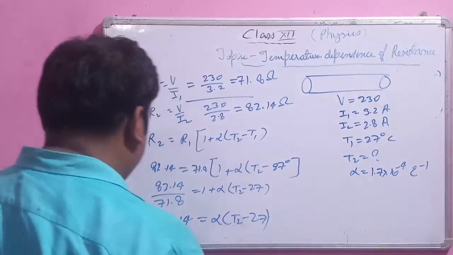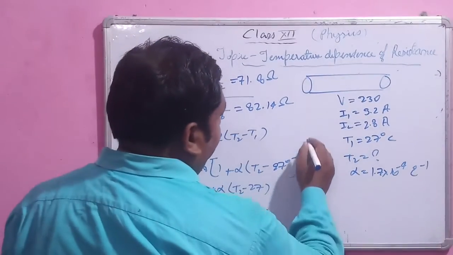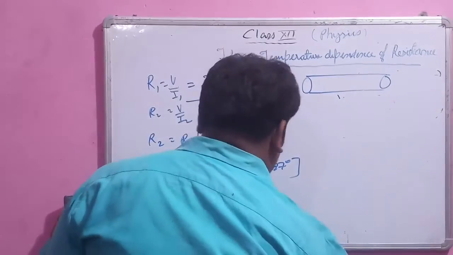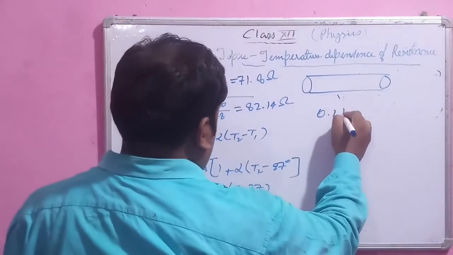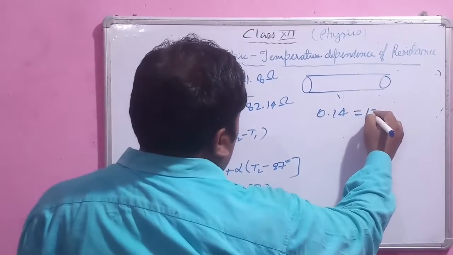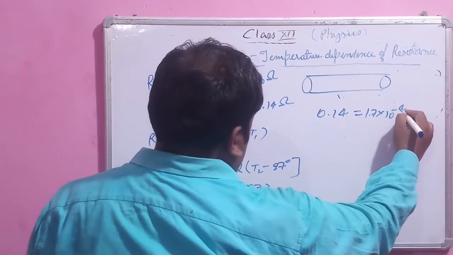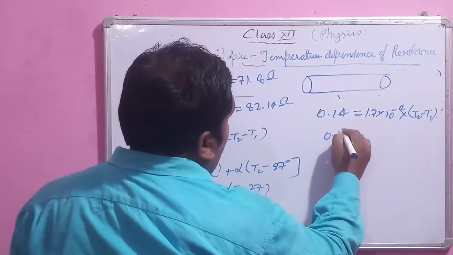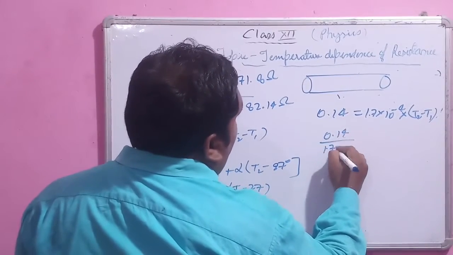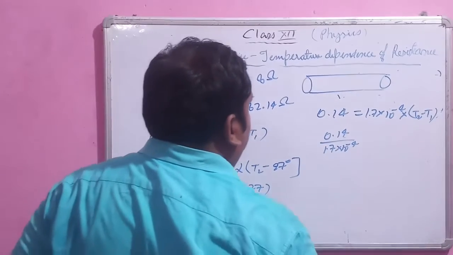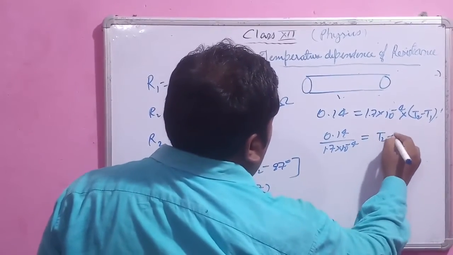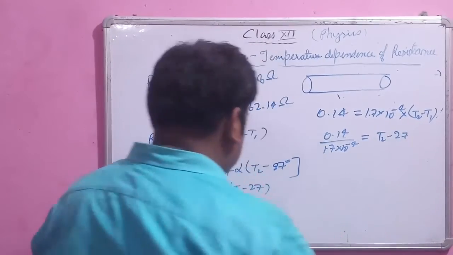Alpha is 1.7 into 10 raised to power minus 4. So 0.14 equal to 1.7 into 10 raised to power minus 4 times (T2 minus T1). So 0.14 divided by 1.7 into 10 raised to power minus 4 equal to T2 minus 27.